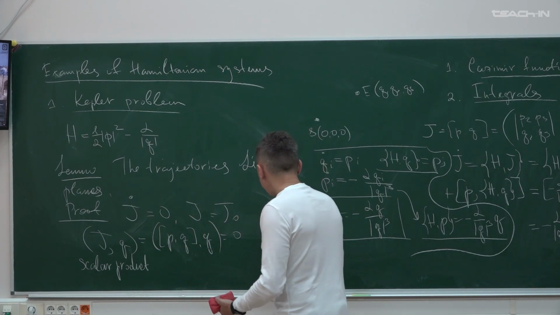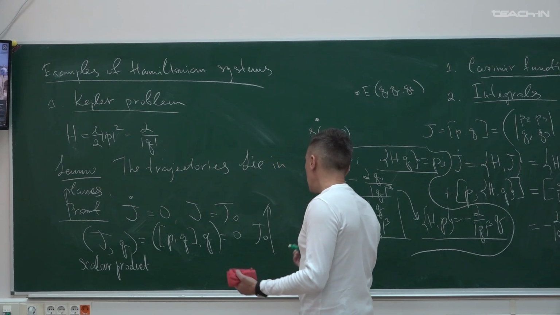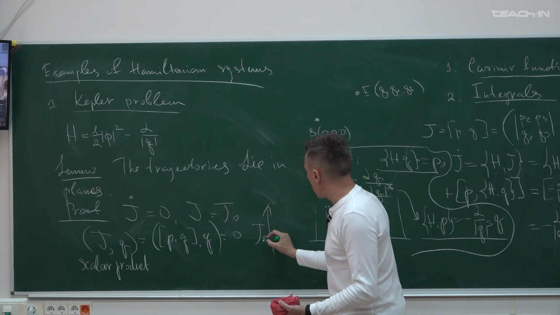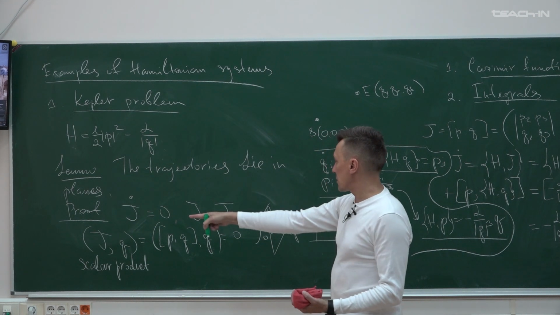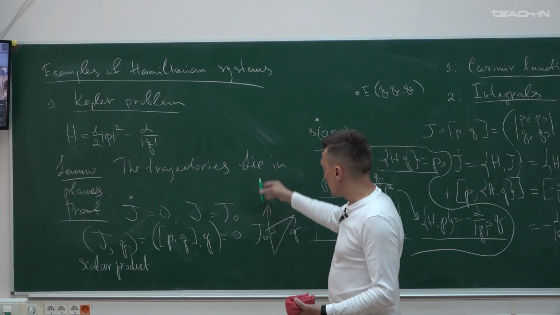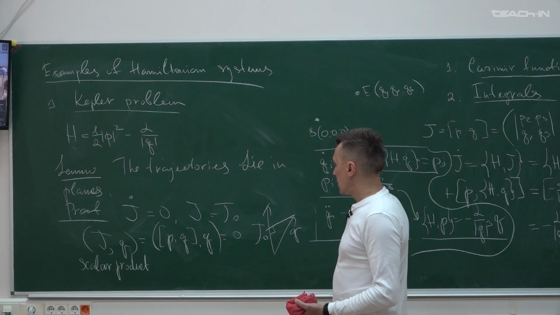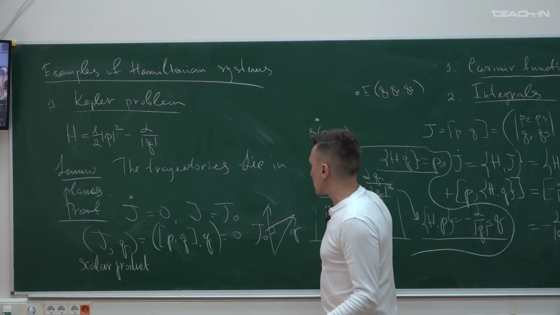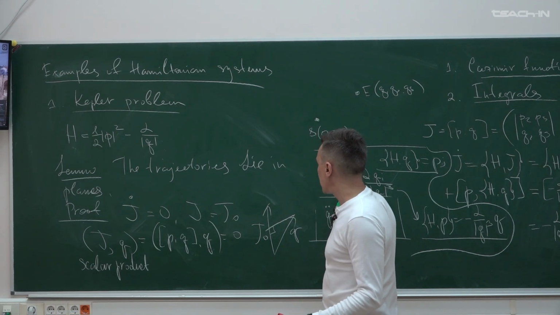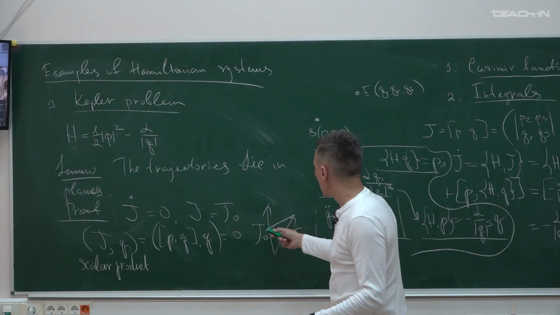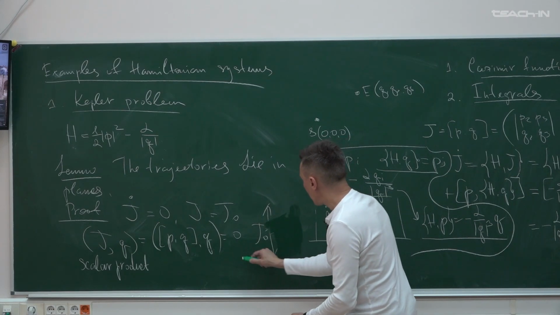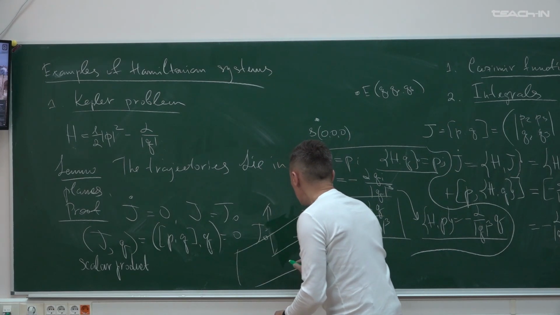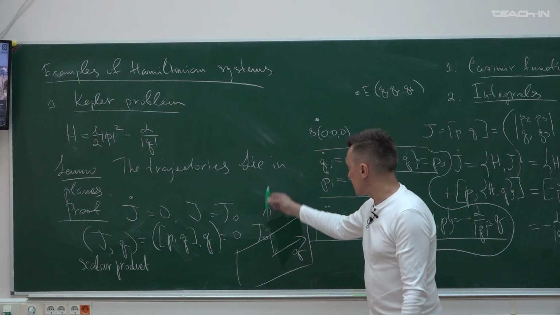It means that here is J0, and here is the vector Q, and here is a projection of Q to the direction of J0. And it is 0. The projection of Q to the direction of J0 is 0. It means that Q lies in the plane perpendicular to J0.